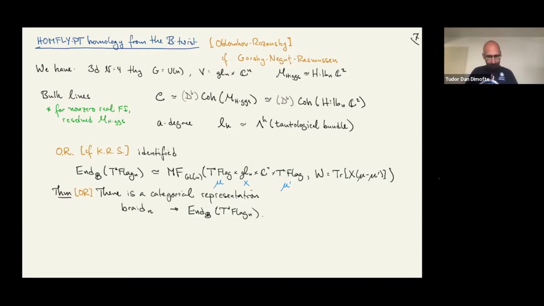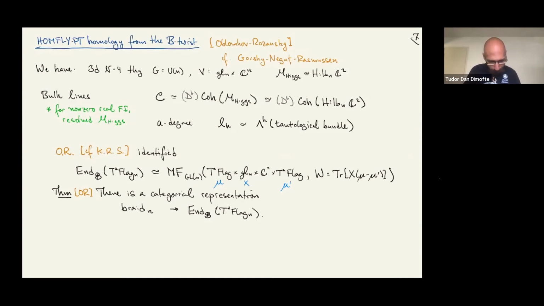And then Oblomkov-Rozansky very carefully identified what the monoidal category of lines stuck to the boundary was, and gave it a description in terms of some matrix factorization category where the tensor product comes from convolution. And again, the details here are extremely interesting and not important for this talk.